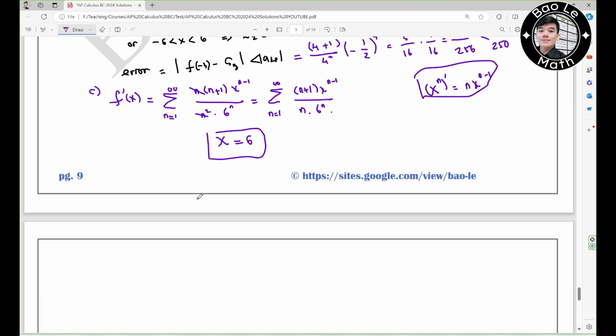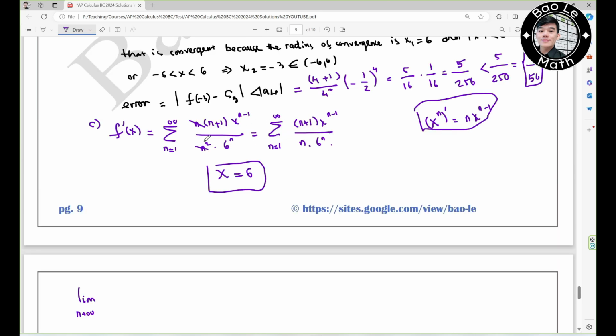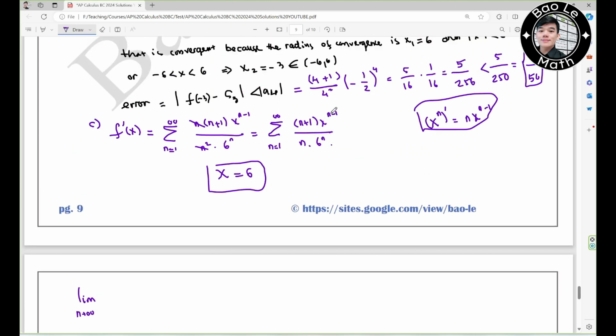Now we can check to see if it's right. We can use the ratio test. So let's check the limit when n approaches infinity. Now f prime of s is going to be this one, right? So 1 unit above this one should be n plus 1, right?